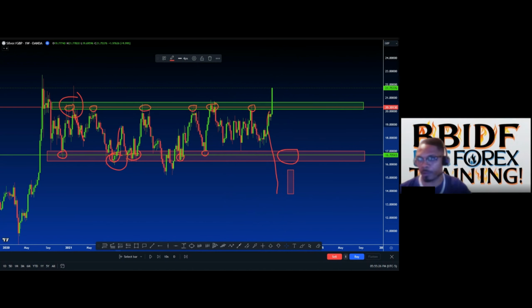I'm gonna write it down. If the candles are above the zone, that zone is support. Sorry, I said that wrong at first. Hold on, give me a second.